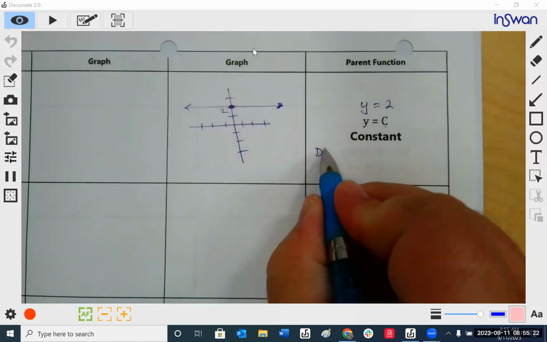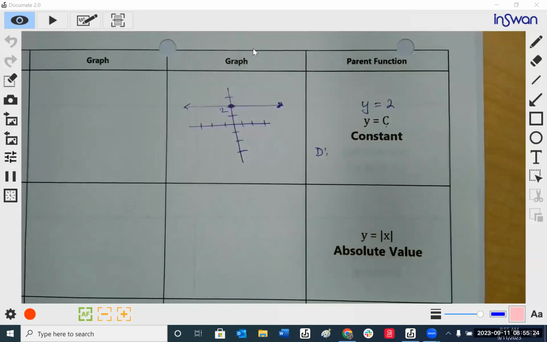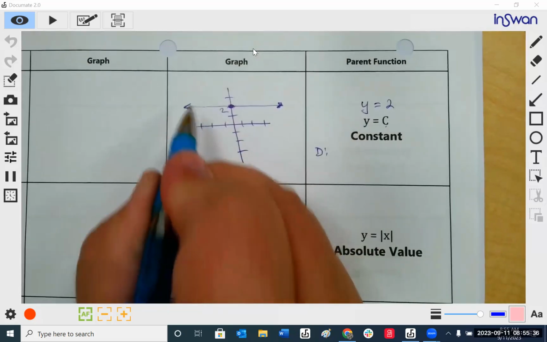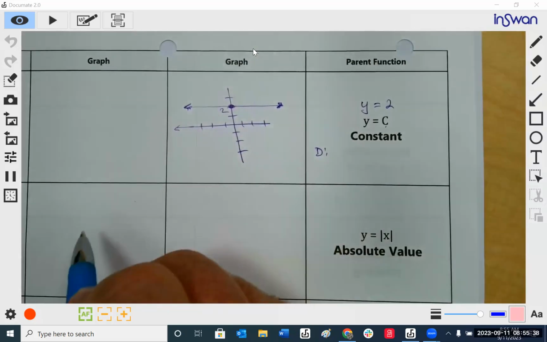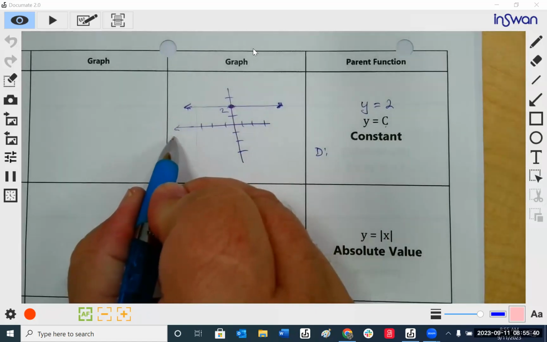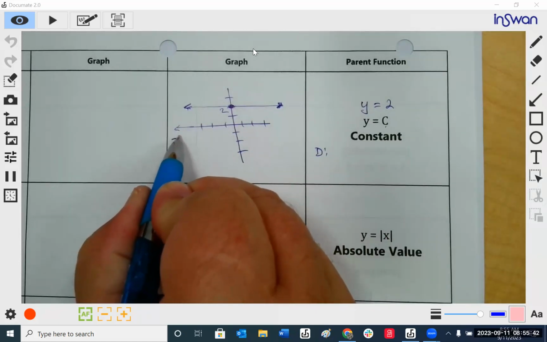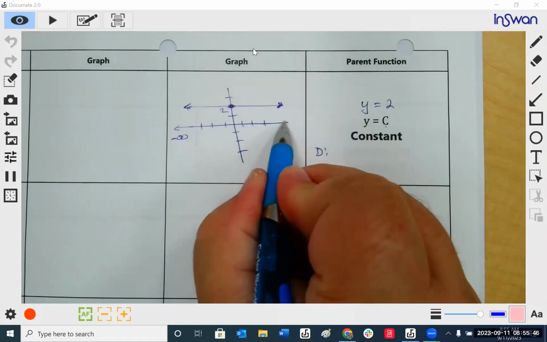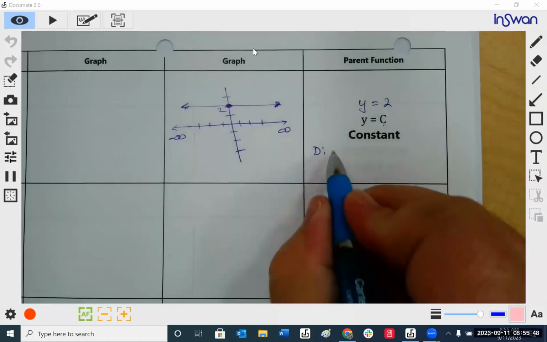So what's the domain of a constant function? Nope. What are the possible X values? Are there any restrictions to X? Yeah. Notice this arrow here. It keeps on going forever and ever. It goes towards what number? Negative infinity. And likewise, going this way, it goes to positive infinity.